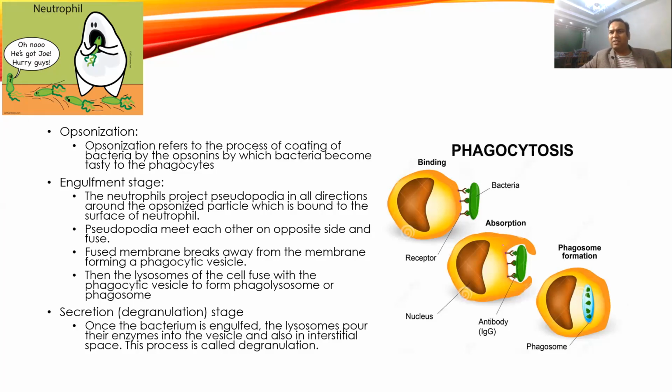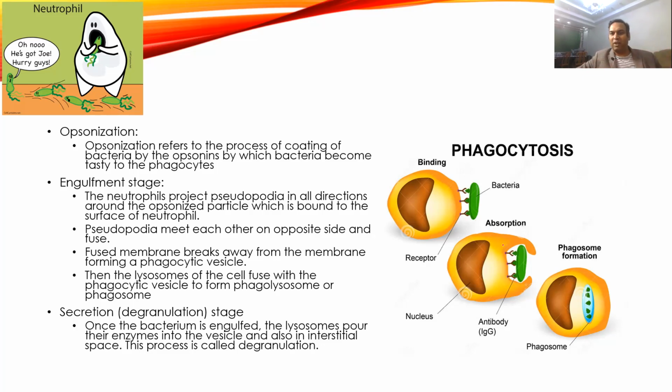Opsonins are substances which form a coating over the bacteria and attract the phagocytic cell. Opsonins can be complements or antibodies. When complement or antibodies form a coating over the cell, this is called opsonization.